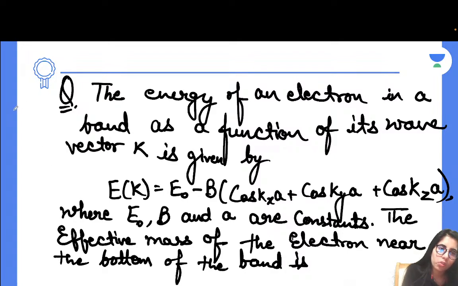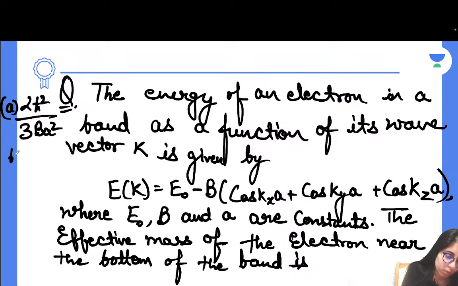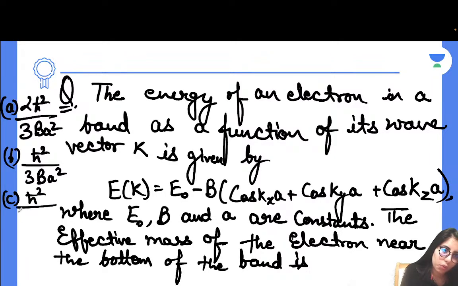Options are, I'm just going to mention them here on the left hand side. Option A: 2h squared over 3ba squared. Option B: h squared over 3ba squared. Option C: h squared over 2ba squared.